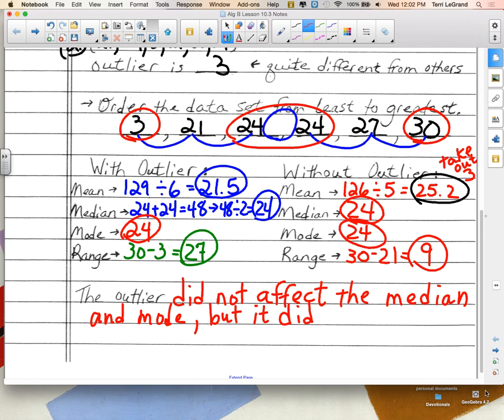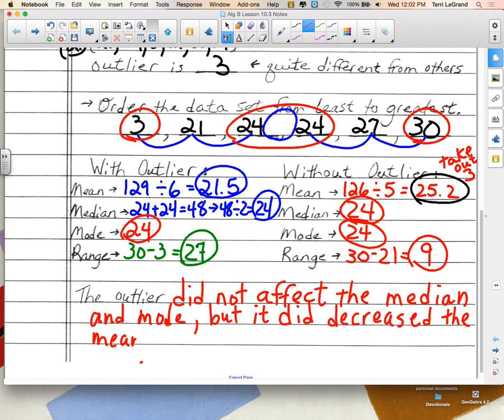So the outlier did not affect the median and mode, but it did decrease the mean. No, so here's where we were using it. It decreased the mean, didn't it? But it decreased the mean.